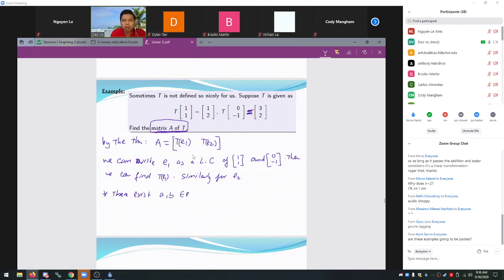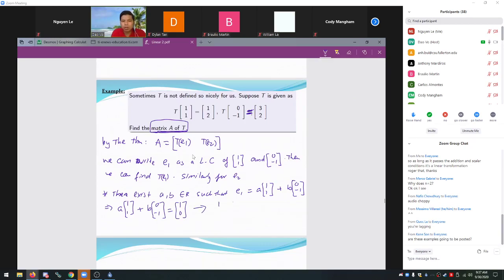a, b in R such that E1 is equal to a times (1, 1) plus b times (0, -1). So remind ourselves what E1 is equal to. So you get a(1, 1) plus b(0, -1) equal to (1, 0). And that can be converted directly into an augmented matrix.